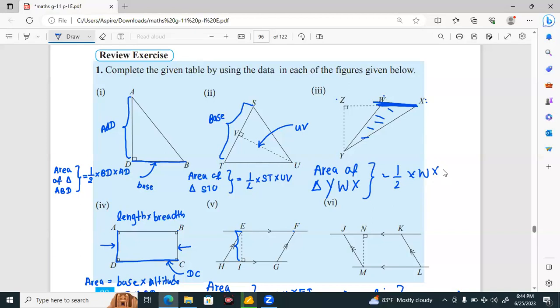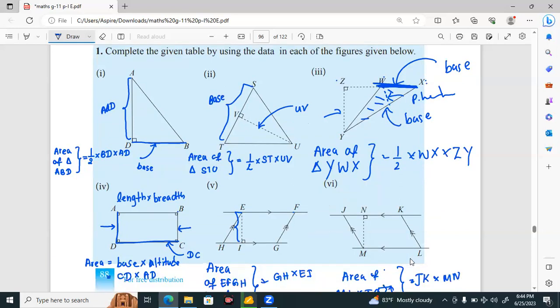WX into perpendicular height ZY. If you consider this as base in an obtuse angle, the perpendicular lies outside the triangle. This is how you can obtain the area of triangle WYX. Is this clear?